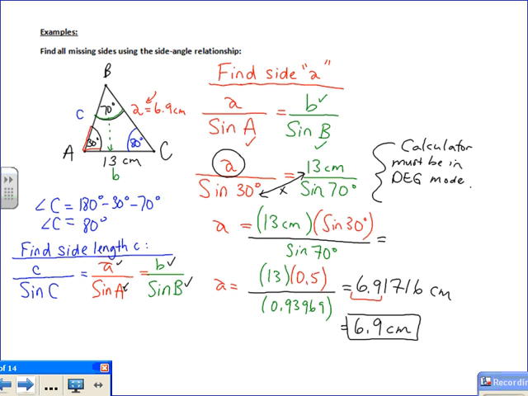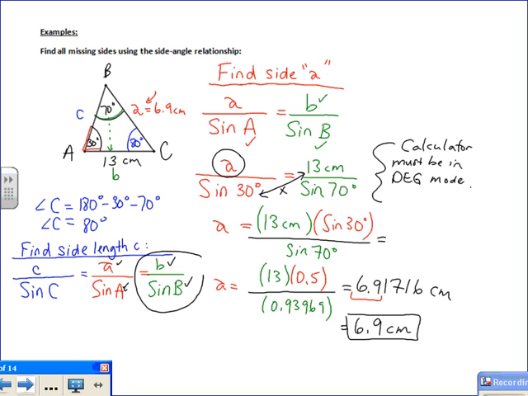We could go ahead and set it equal to B again, just because we know for sure that B is 70 degrees and side length B is equal to 13 centimeters, whereas we calculated side length A. So in case we made a mistake in our first calculation, it might be better to use the one that we were given in the question.